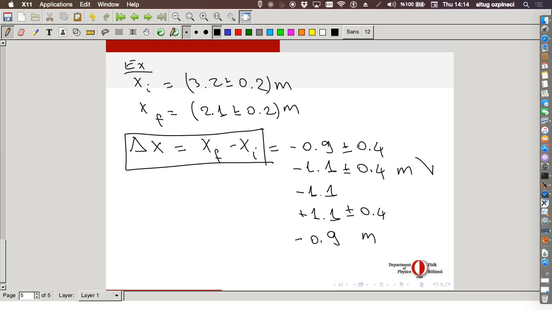This is the definition of the displacement of your friend. And it is always this one, whether x final and x initial are larger or smaller than each other, it doesn't make any difference. This is how we define it. And when you tell somebody that the displacement is this much, this is what they should understand. You don't add minus signs if x final is larger or smaller than x initial.